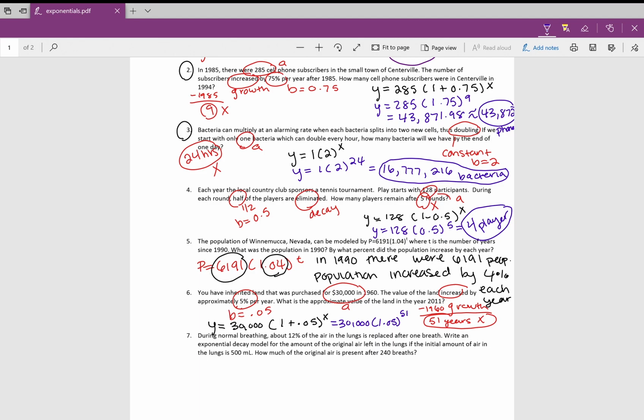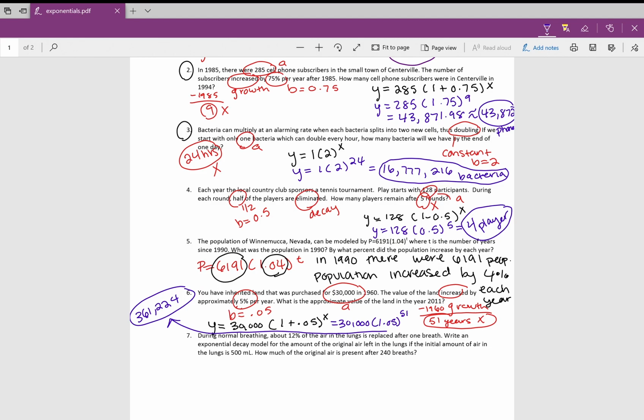Okay, so you should have got 361,224. We're just going to round up. So that's how much the property is worth 51 years later. In 1960 they bought it for 30,000, and now in 2011 it's going to be worth $361,224. Okay, go ahead and work on number 7, last one.